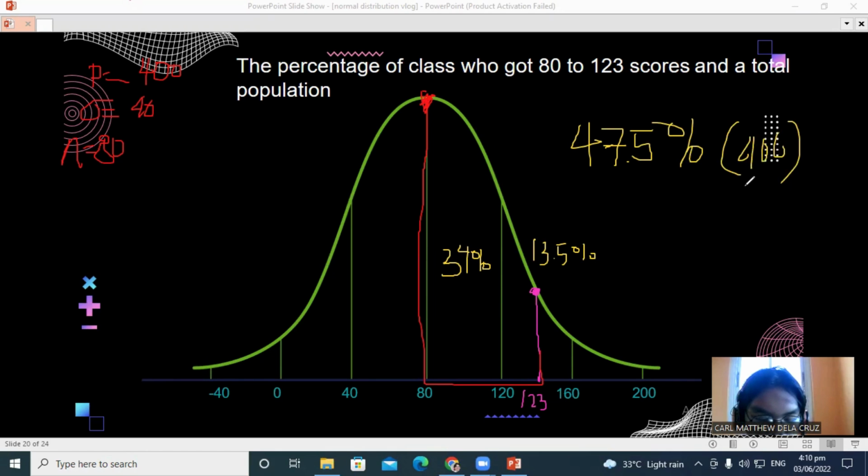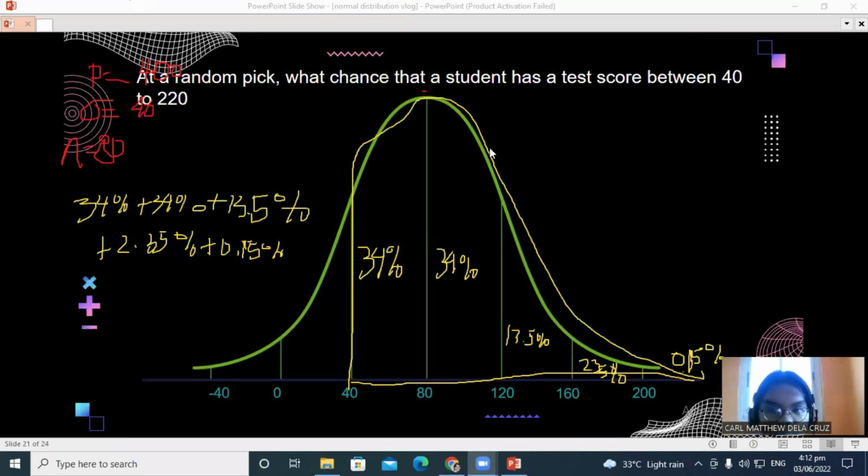So 47.5% times 400 is 190 students. So that is the total count. Okay, so that is the solution there.